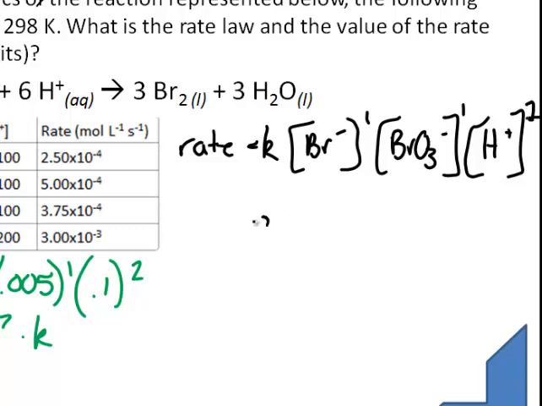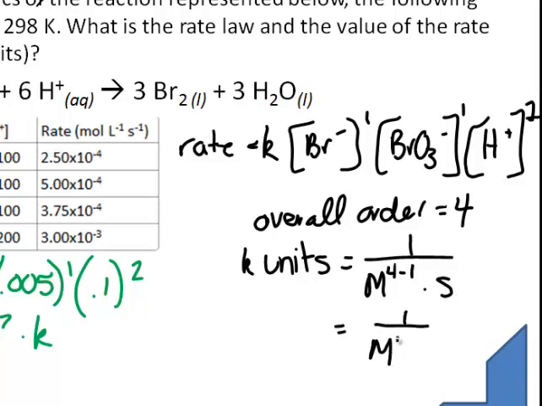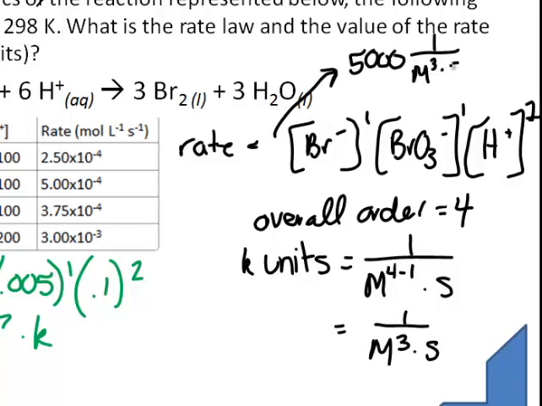So if our overall order is 4, then the units on k will end up being 1 over M to the 4 minus 1, or to the third, times seconds. So 1 over M cubed seconds. So if we put it all together, we would just replace the number for k with 5,000 1 over molarity cubed seconds. That's our value for k.